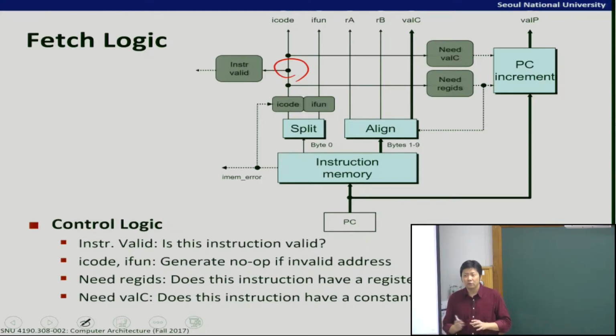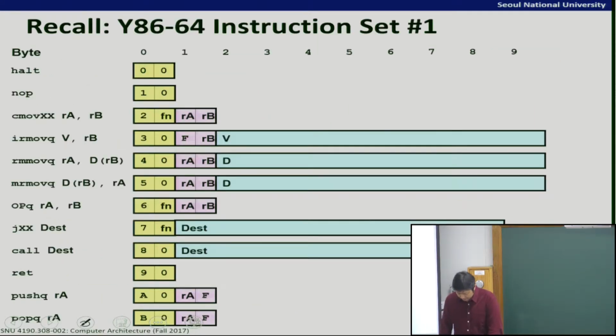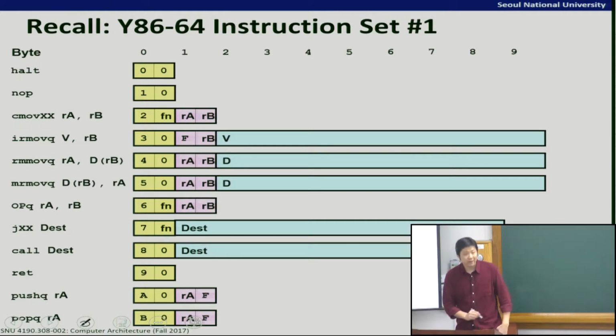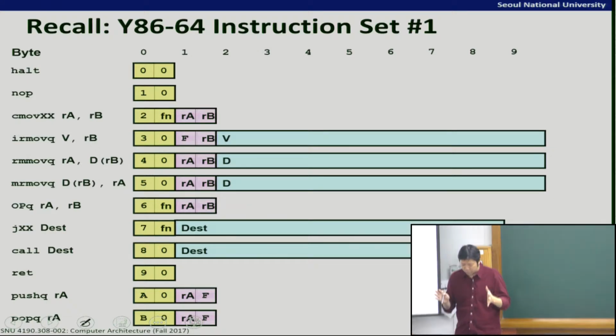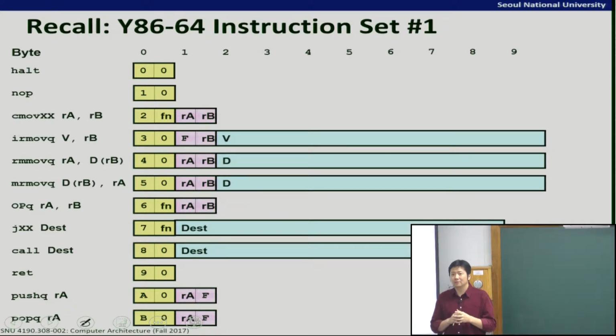Let's say you read a new instruction, and the opcode was F. But F is not really defined, if you remember. There's no instruction starting with F. So if you read this ICode and the value were F, then you assert invalid instruction. That will be captured by the control logic, and it will set the status register correctly.